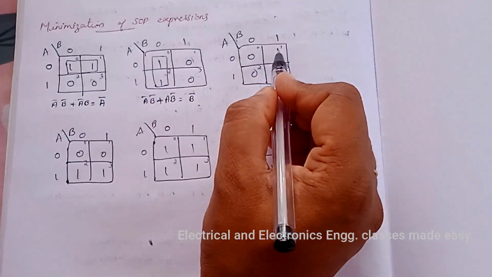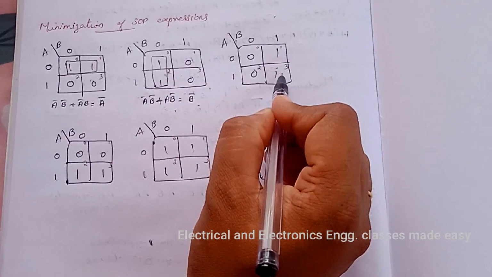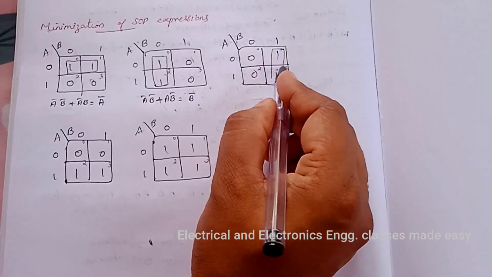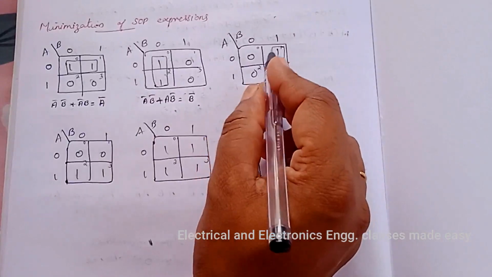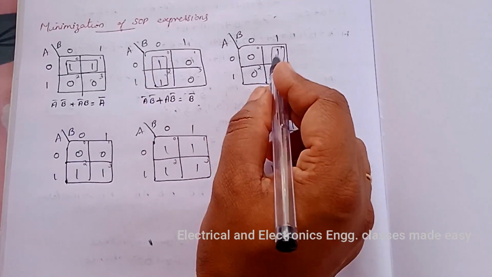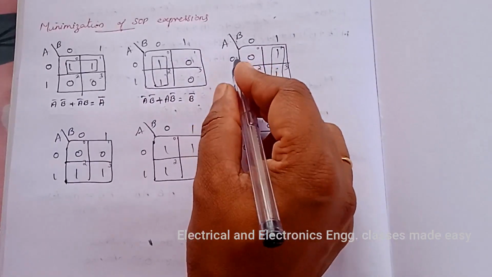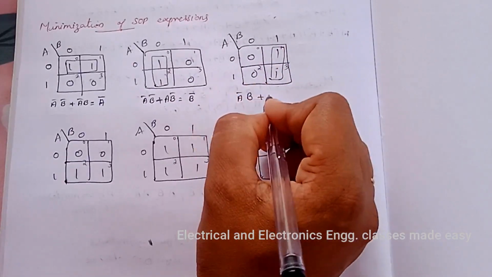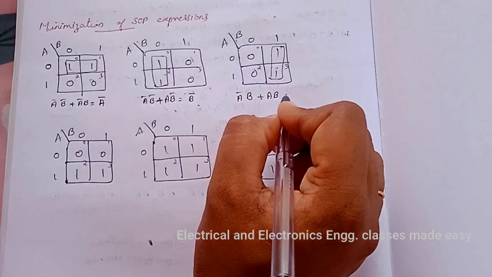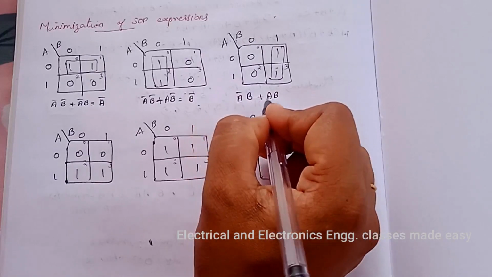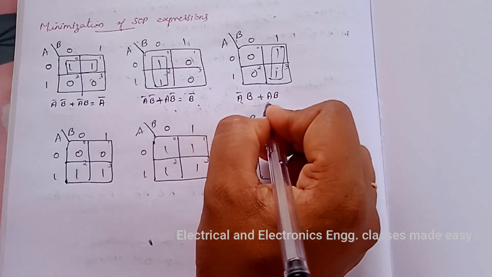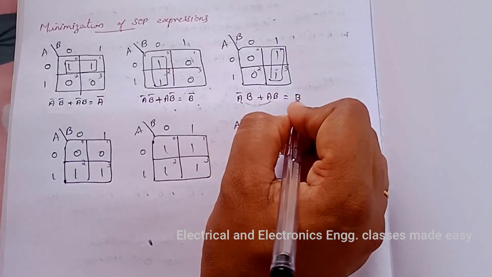And in this case, M1 and M3 are adjacent, and we can combine these two squares. This is A bar B plus A B, and the variable that differs is A, so we can eliminate A, and the answer is B.